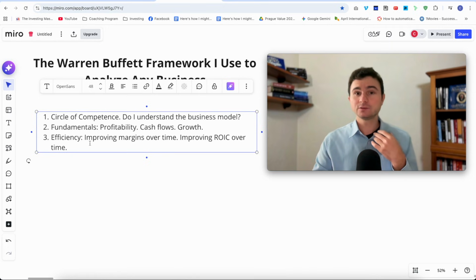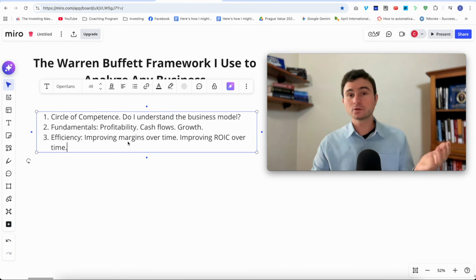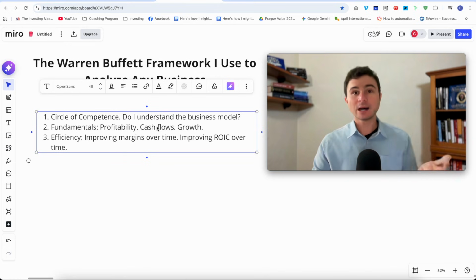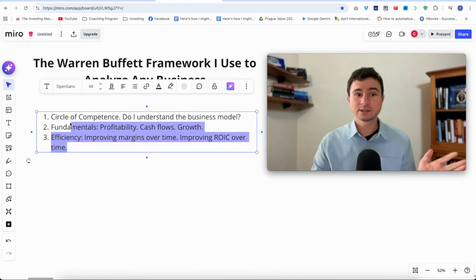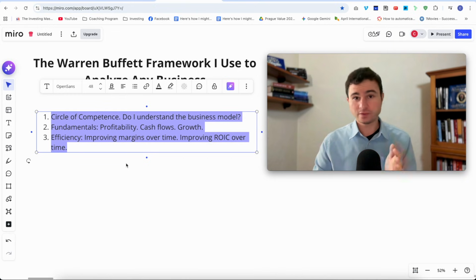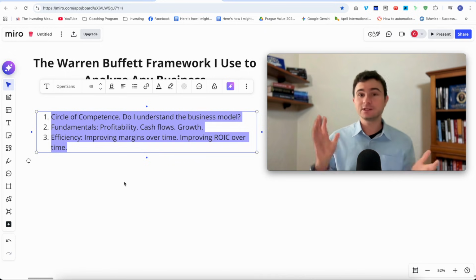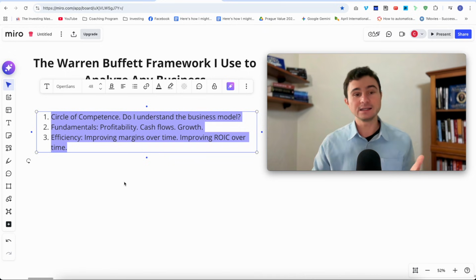If I encounter a business that is not focused on growing margins, I'm out. If I find a business that is not focused on growing cash flows, I'm out. These are hard filters. So just based on these 3 filters, I can dismiss more than 90% of the stocks. And what is remaining is the 10% golden ideas.